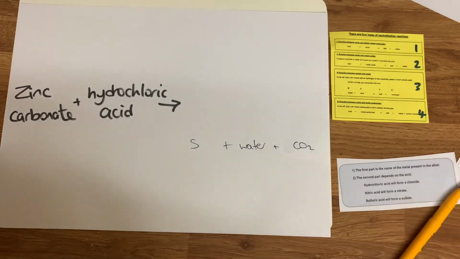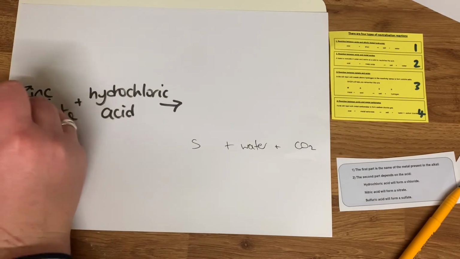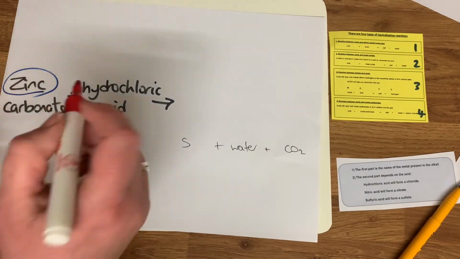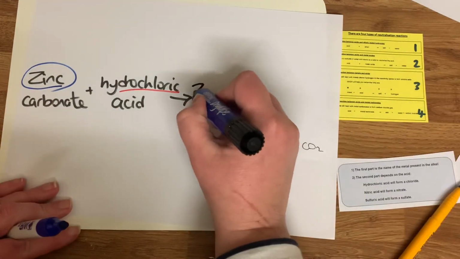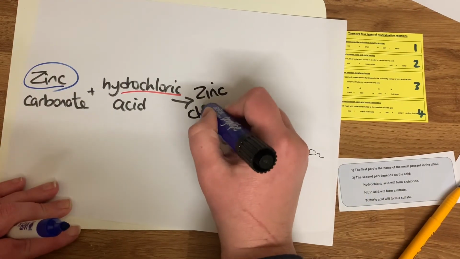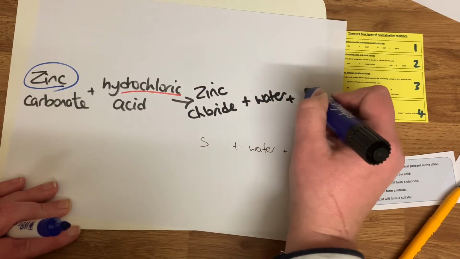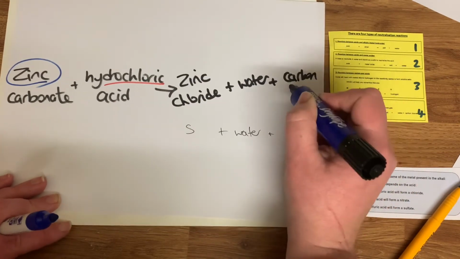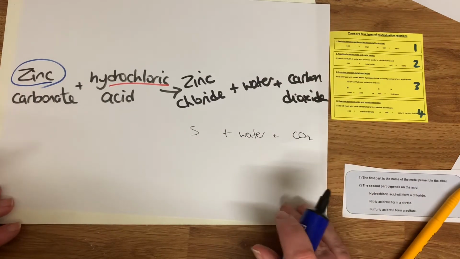So again, the only thing we need to figure out is the name of our salt. So we circle the metal, we underline our acid. So then that tells us we've got zinc chloride plus water plus carbon dioxide. Okay, hopefully you got that one as well.